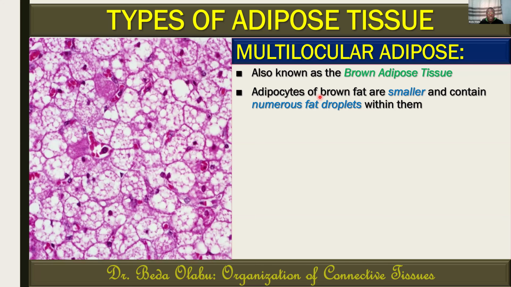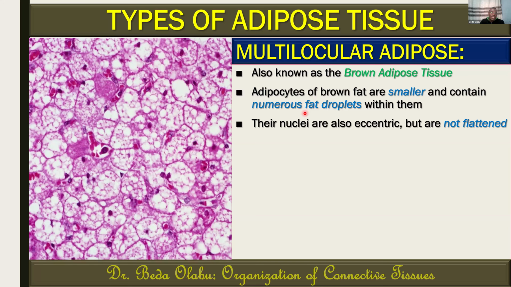Also of importance is that the fat droplets that the multilocular adipocytes contain are multiple within the same cell. So it's not one huge fat locule, no, but multiple within a single cell. And that's why we call it multilocular adipose tissue or multilocular adipocyte.